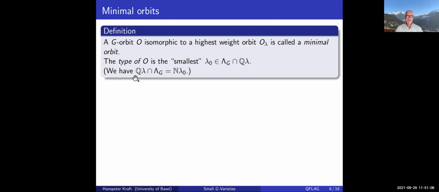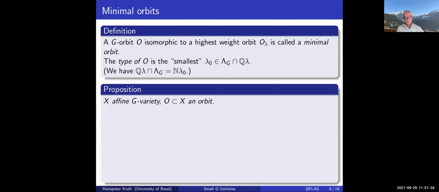So you can easily see if you take any highest weight lambda and you take the intersection of Q, the rational multiples, with the dominant weights, it's exactly the integer multiples of this lambda knot. So the lambda knot is the shortest one. This one I call the type of this minimal orbit.